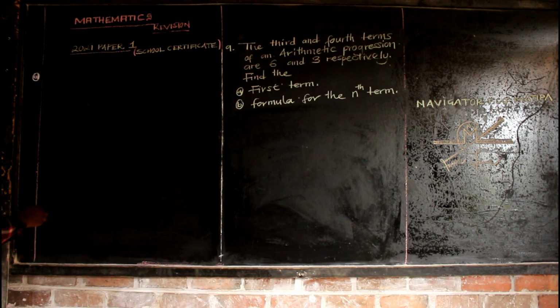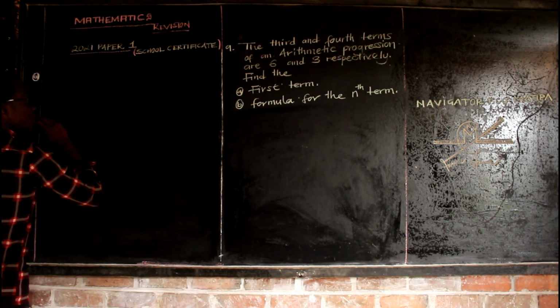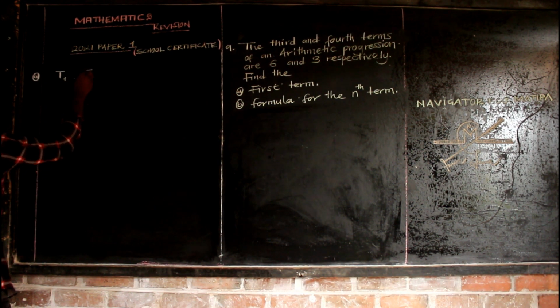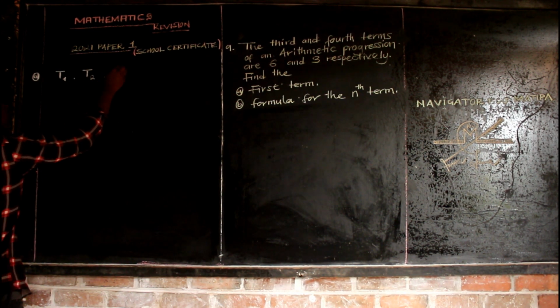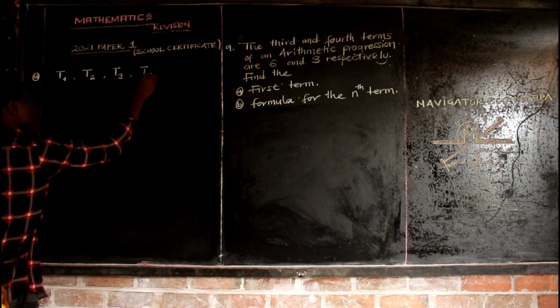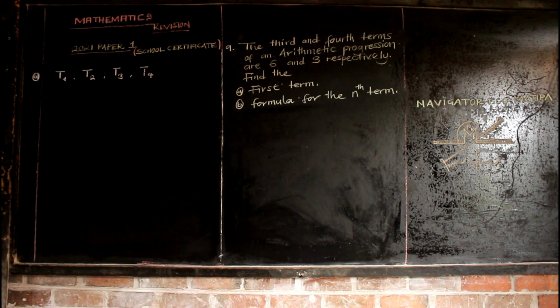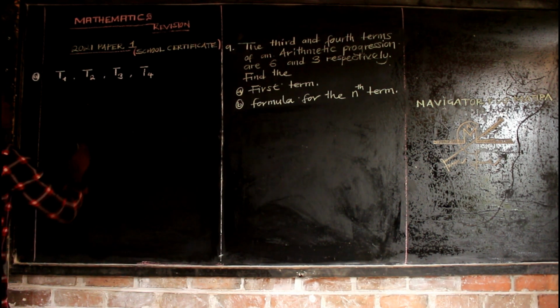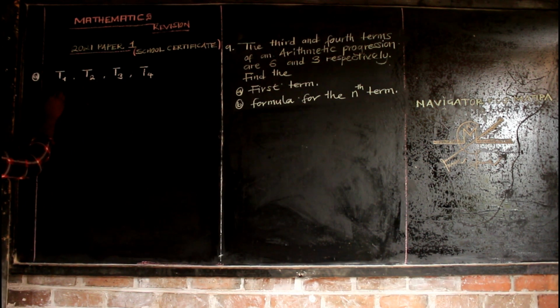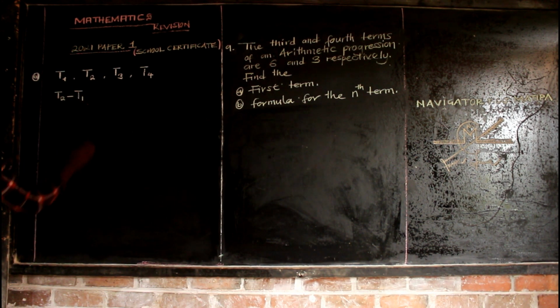So we have been given the what? We know that we have got term number 1, let's say term number 2, term number 3, and term number 4. If you want the common difference of an arithmetic progression, what you do is you say term number 2 minus term number 1.